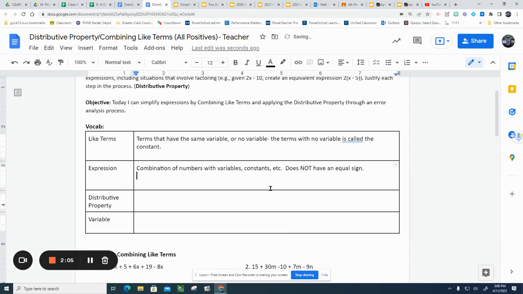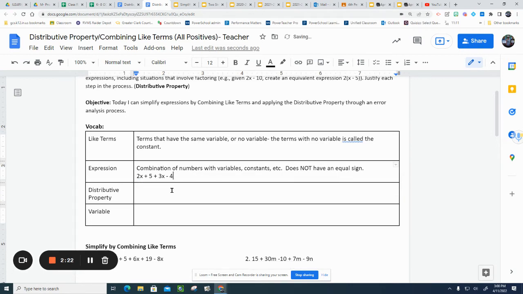So an example of that would be something like 2x plus 5 plus 3x minus 4. That is an expression. It has no equal sign, but it has all of those numbers, coefficients, constants, so that makes it an expression. It is not an equation because it doesn't have an equal sign.